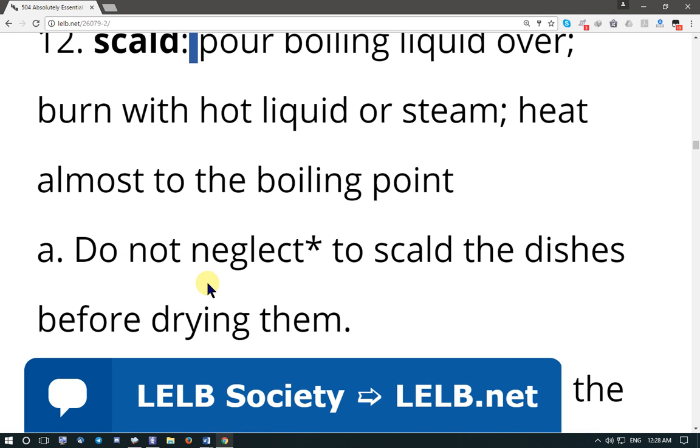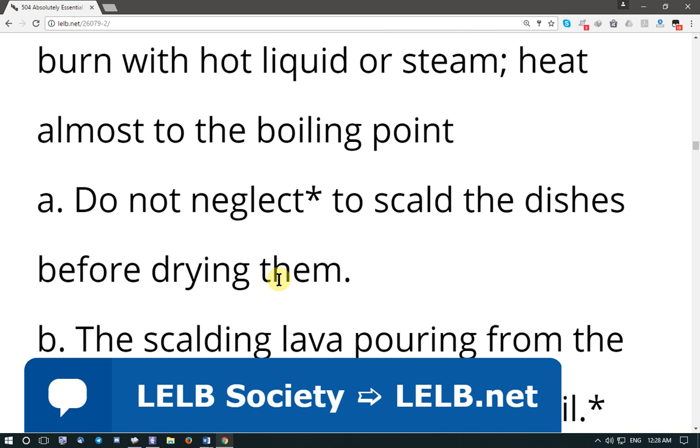Do not neglect to scald the dishes before drying them. Yeah, if you are alone like me and you need to do the dishes on your own, well, as a matter of fact, you are completely familiar with this instruction.